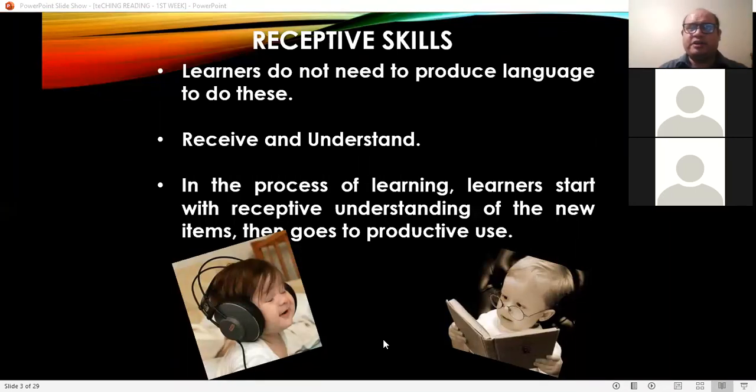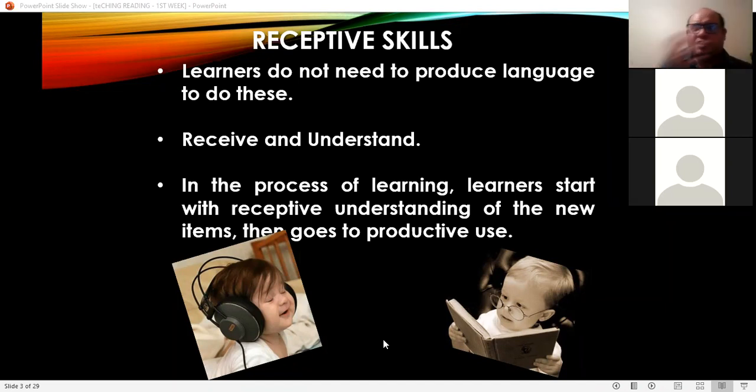So learning is something conscious, but when you acquire, it's unconscious. For example, as native speakers, as I told you, we acquire the language. Then we learned the language when we went to school, right? In order to analyze some aspects of the language. But when you learn a second language or a foreign language, it's conscious because you analyze. Sometimes you compare with your own language, or you analyze the structure, the sounds, the pronunciation.